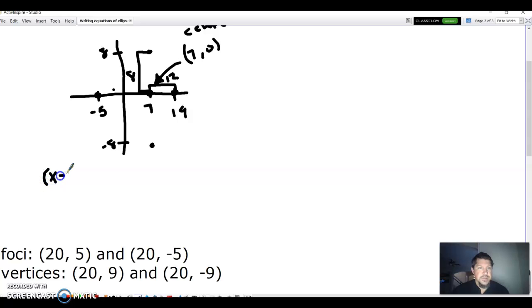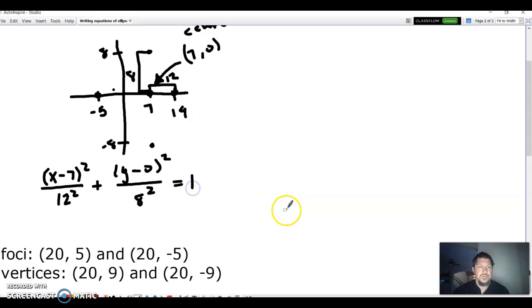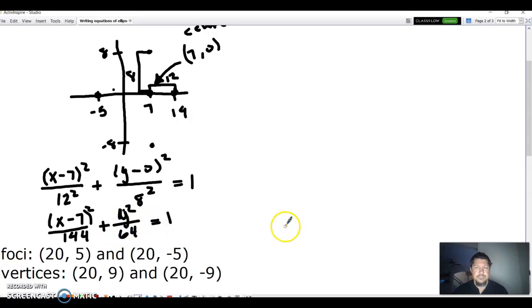So it's going to be x minus 7 squared over 12 squared plus y minus 0 squared over 8 squared equals 1. So once I simplify, it's going to be x minus 7 squared over 144 plus y squared over 64 equals 1.